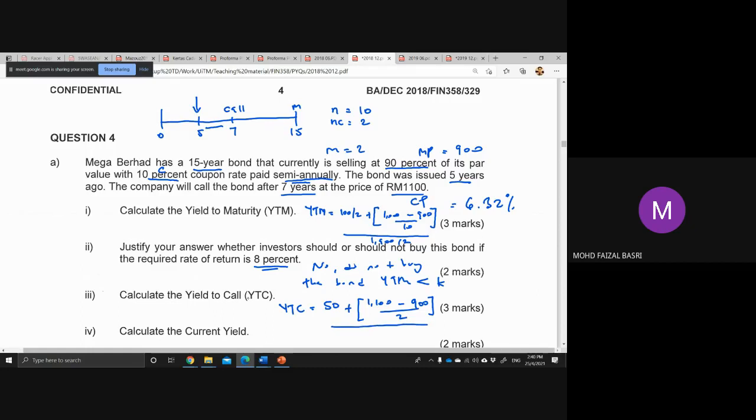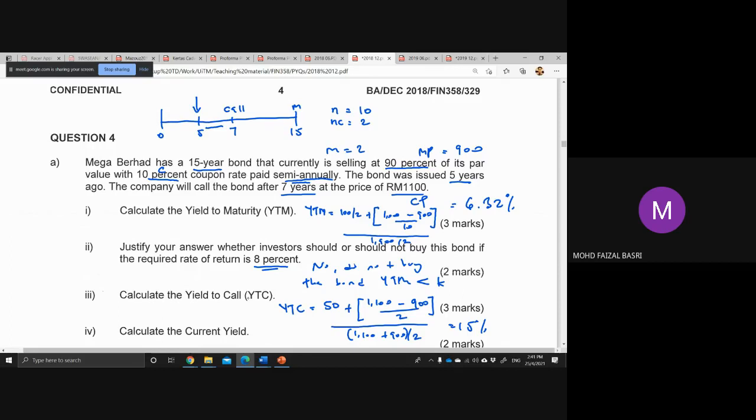And it's 1,100 plus 900 divided by 2. All right, so for this, 1,100 minus 900, 200 divided by 2 plus 50 and divided by 1,000. So it's 15%. For call.